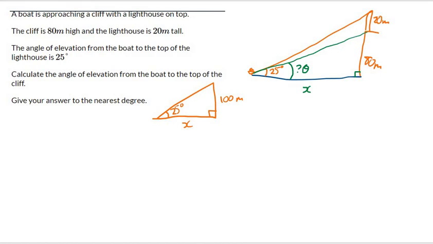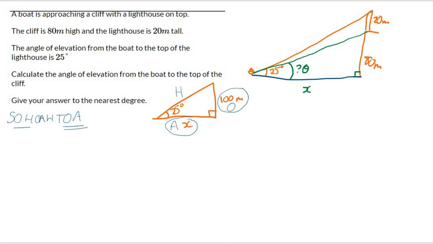The hypotenuse is the longest side, opposite the right angle. The adjacent side is touching the 25 degrees and the right angle. The opposite side is opposite the 25 degrees. We have information on the opposite side and on the adjacent side. So if we write down SOHCAHTOA, we have something on the opposite and the adjacent side.